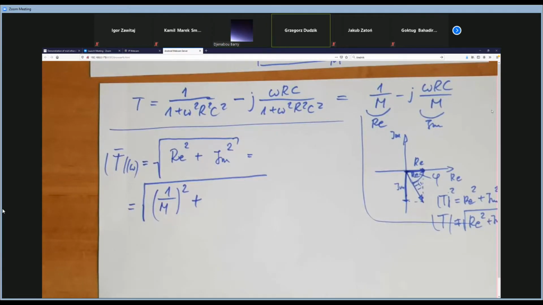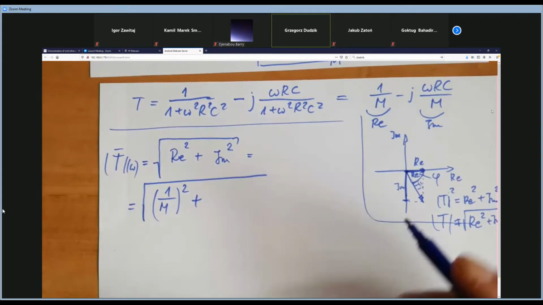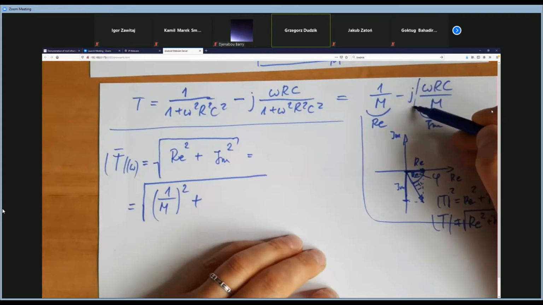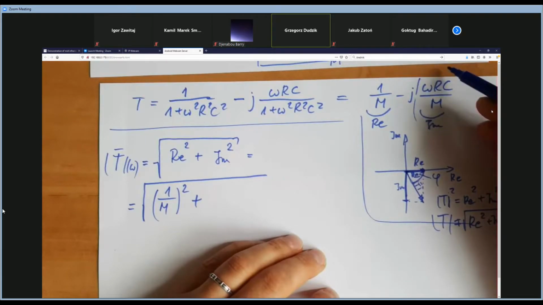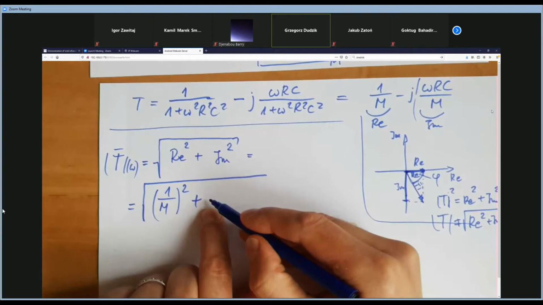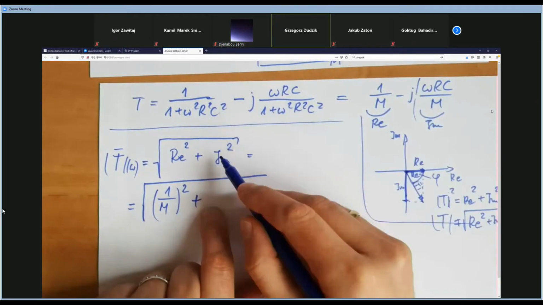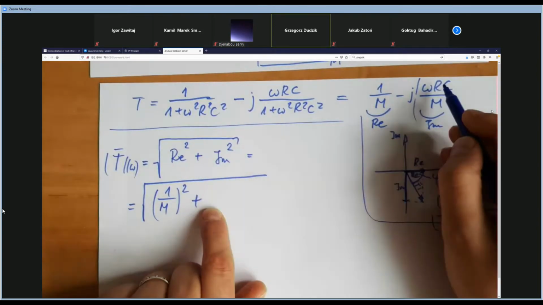We cannot put the j here. Why? Because the j is the indicator that this value is the imaginary part of the transmittance. So we cannot put the j here. j indicates only that we've got an imaginary part number.